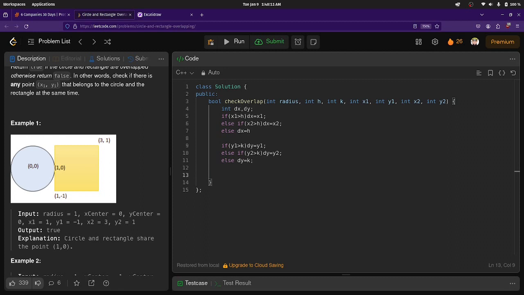We just need to subtract it from the center of the circle and check if it is less than r square. That was it.